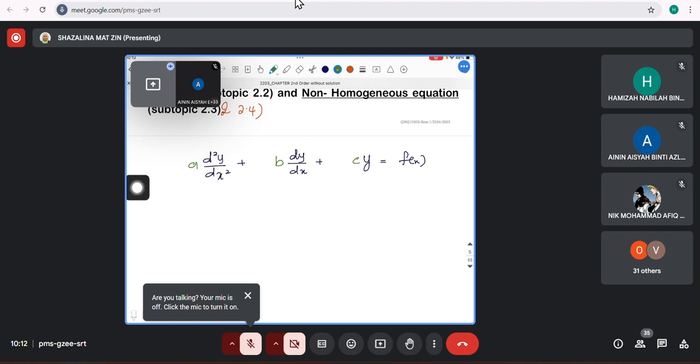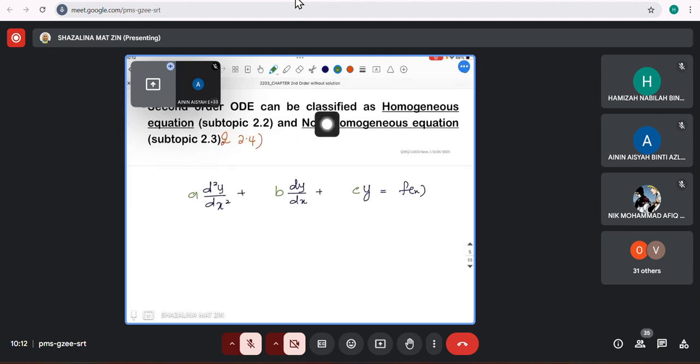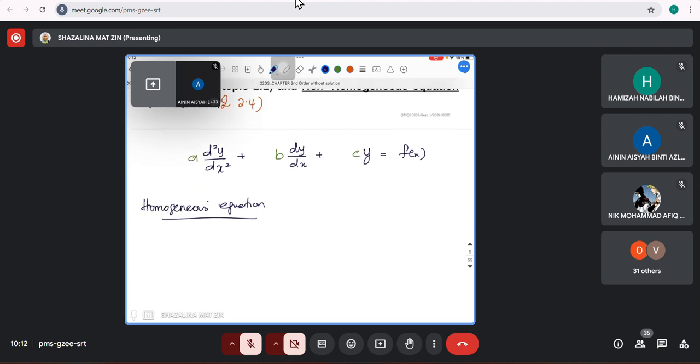Okay, tapi dibahagikan, classified into two. First, homogeneous equation. Then, number 2 is non-homogeneous equation. Okay, what is a homogeneous equation? For homogeneous equation, the function of x.